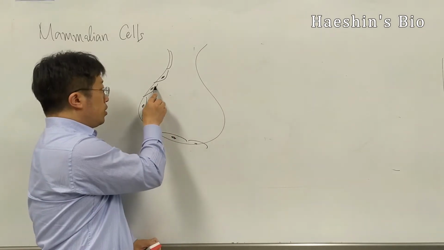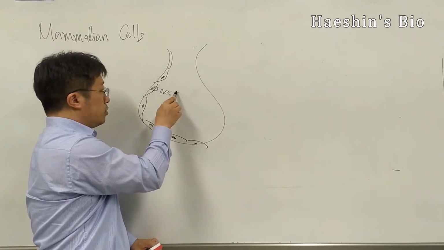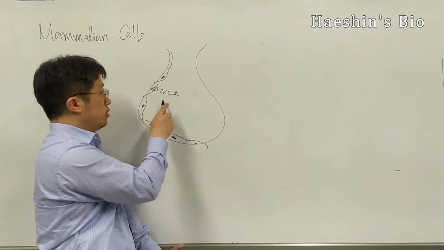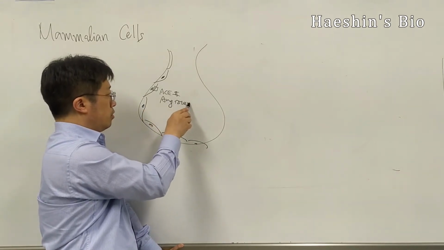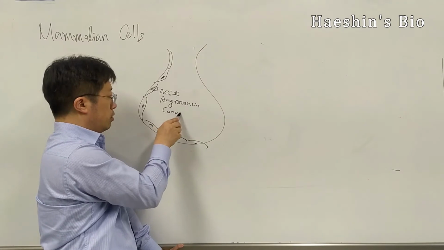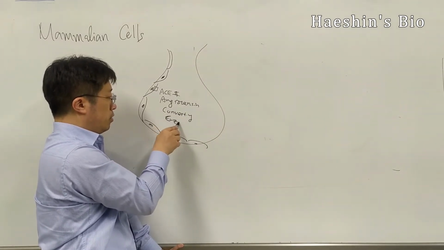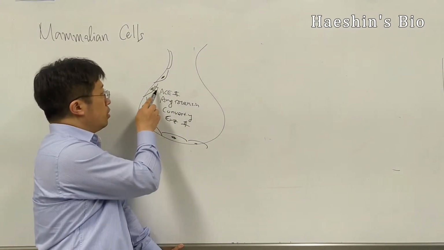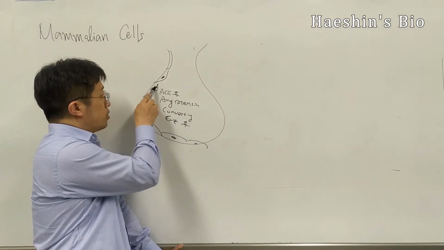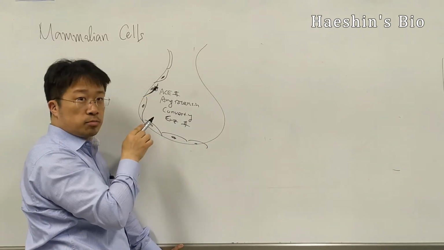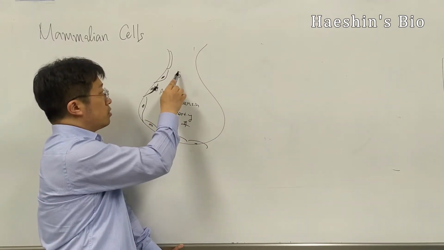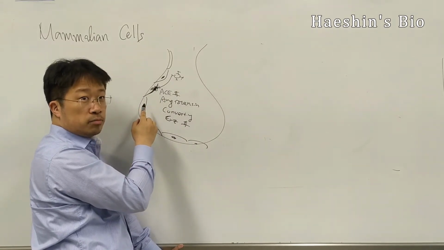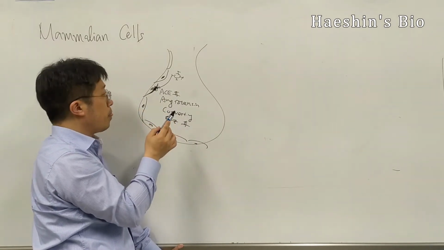Remember there's a protein I called ACE2, angiotensin converting enzyme 2, right? That is where the protein exists. The protein exists in the membrane, a transmembrane protein that I explained. So then the COVID-19 coronavirus binds here. This is the entry mechanism. It's the first entry mechanism.